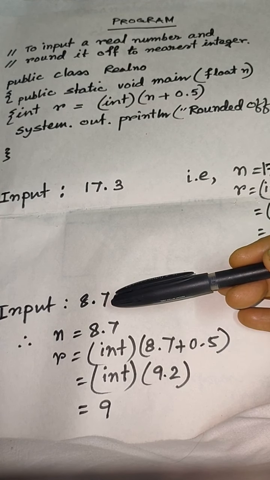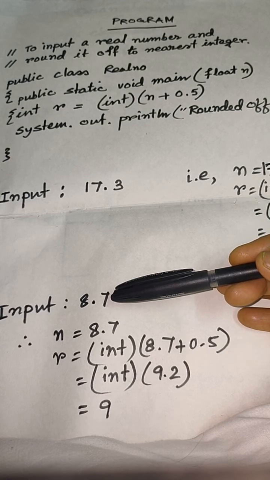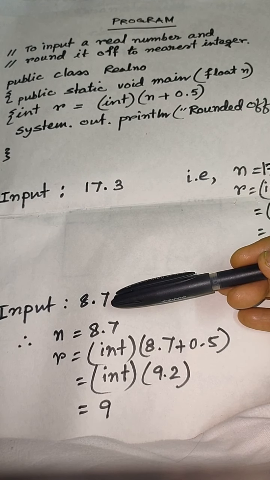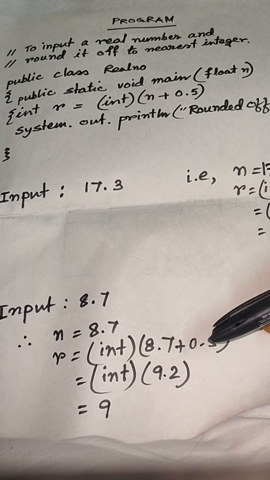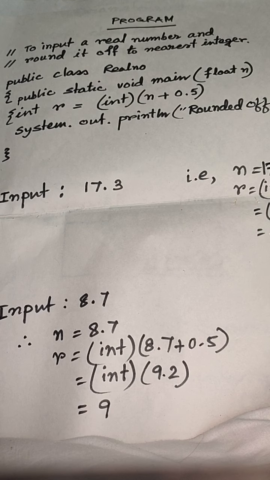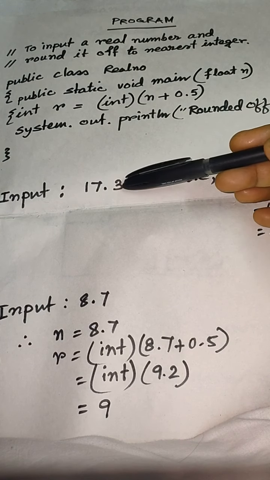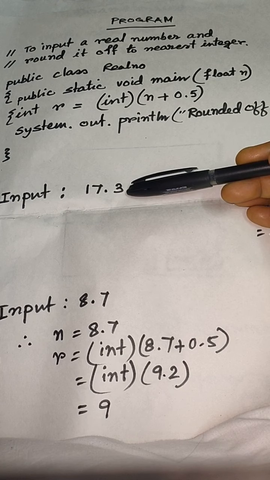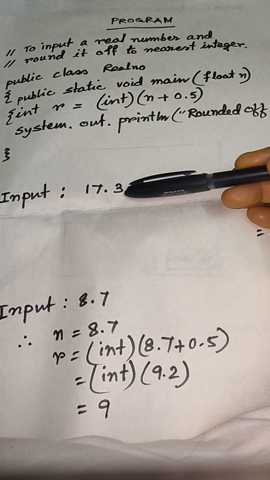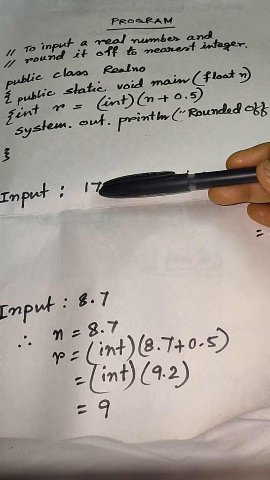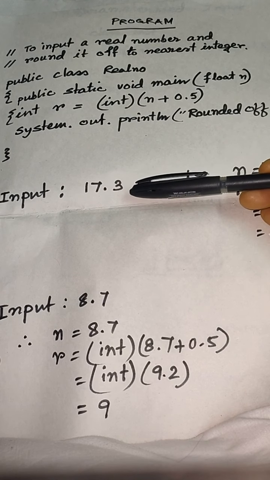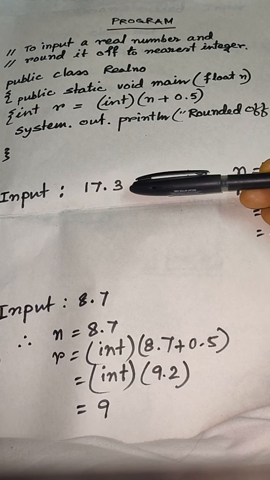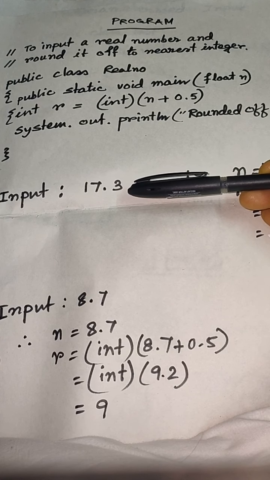Because 0.7 is greater than 0.5. That only is made in other way by adding 0.5. As 0.3 is less than 0.5, so the rounded off value will be 17 only. So there if we add 0.5, it will give 17.8, so integer part will give again 17.